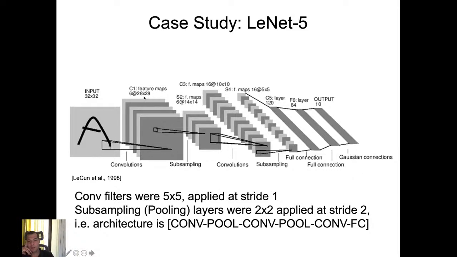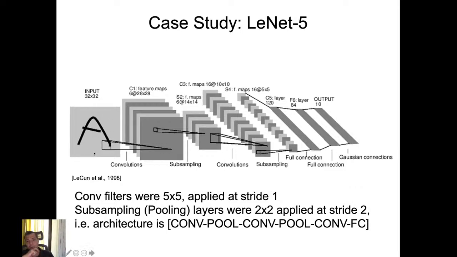Then we have 6 activation maps, which means that we have 6 convolutional filters here. Then we have a pooling operation. In their original architecture they used average pooling, and recently we learned that max pooling is actually better to use.